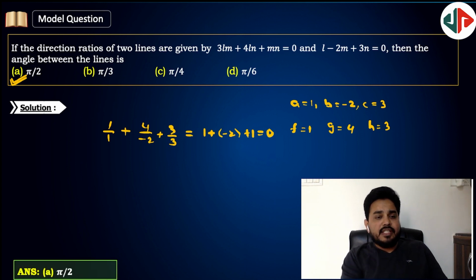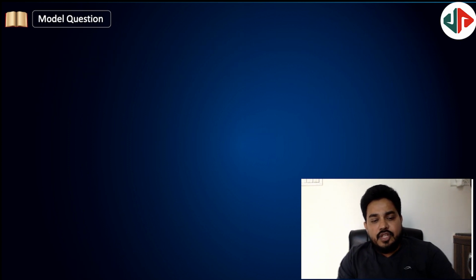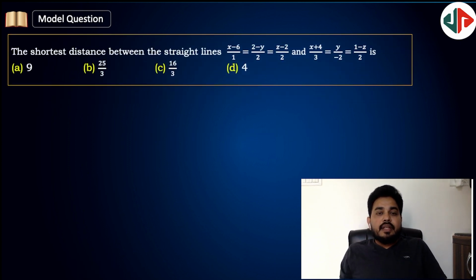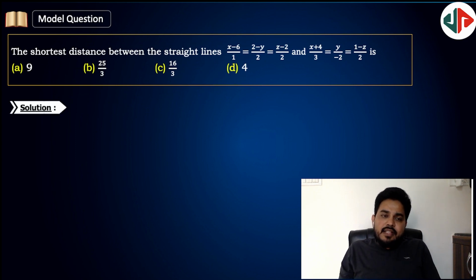Moving to the next question. The shortest distance between two straight lines. So what is the shortest distance? It's simply the modulus of this. This is not in the standard form. We need to rewrite it into the standard form.